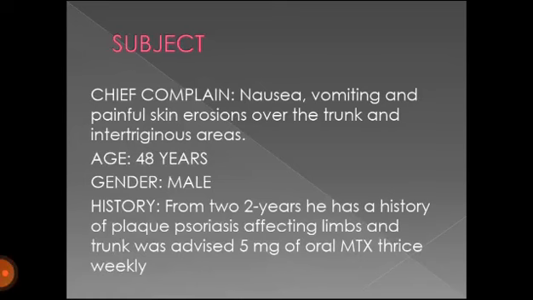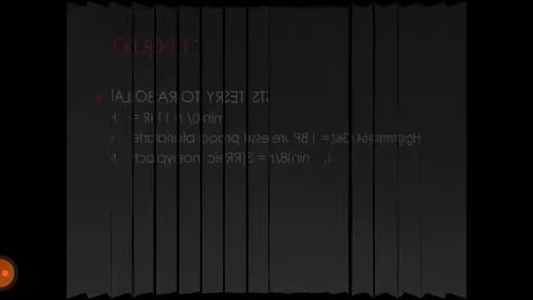So, notes. Subject. The chief complaint with which he came to the hospital was nausea, vomiting, and painful skin erosions over the trunk and intertriginous areas. His age is 48 years, his gender is male, and his history is that he has been suffering for 2 years from plaque psoriasis, which has affected his trunk and limbs, for which he was prescribed 5 milligrams of oral methotrexate 3 times a week.